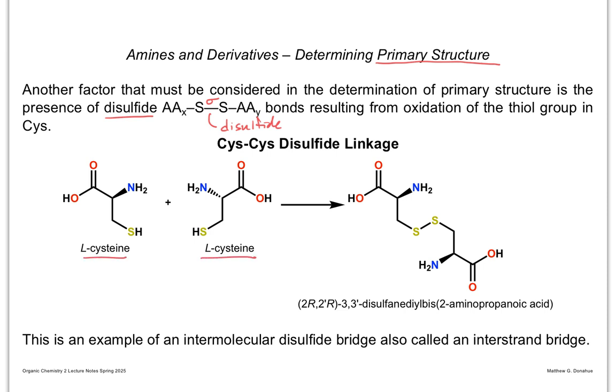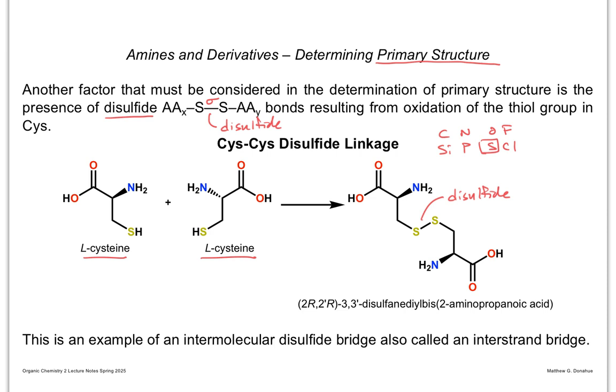So 2 cysteine residues basically being oxidized to form the disulfide bond. So in the periodic table, CNOF. So sulfur is below oxygen. It's prone to undergoing these type of reactions to form these disulfide bonds.